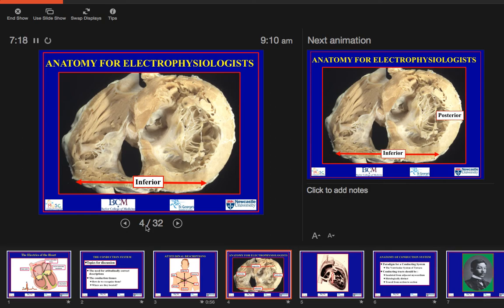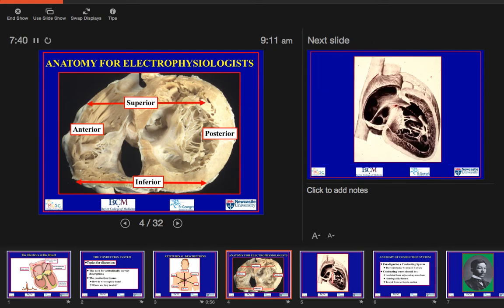The part of the heart that is closest to the spine is posterior, and that is the back wall of the left ventricle. It is not the inferior surface of the two ventricular chambers. The anterior wall is the part that is adjacent to the sternocostal wall, and the superior part is closest to the head.